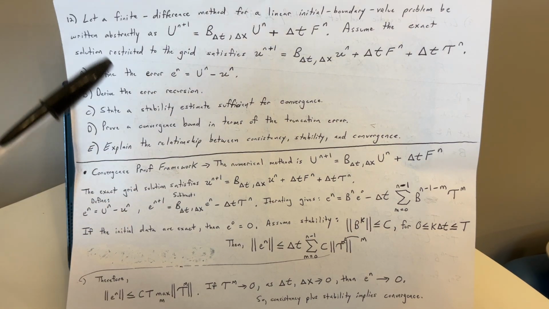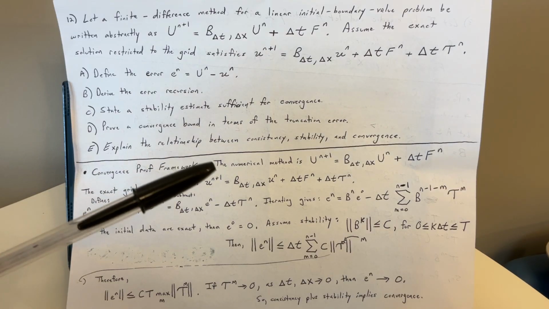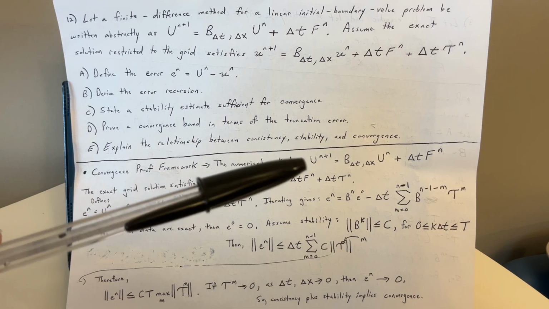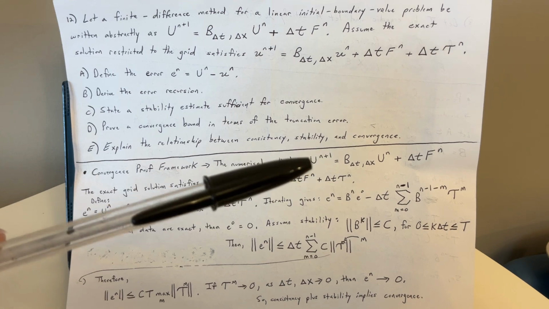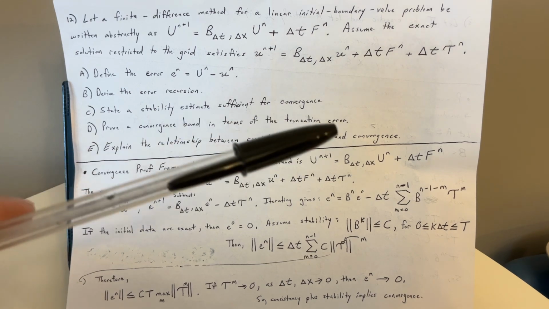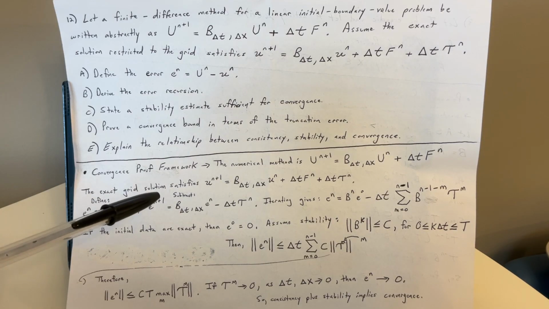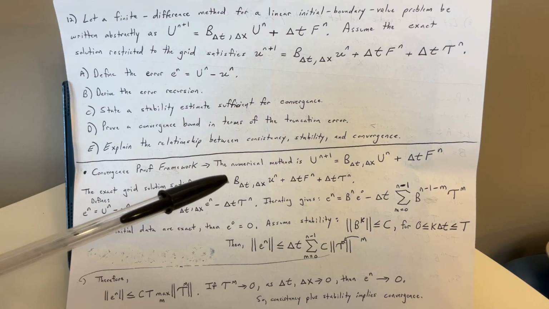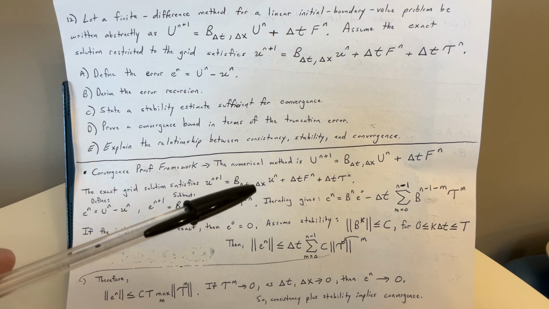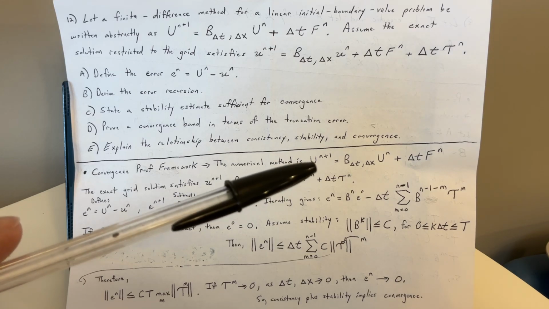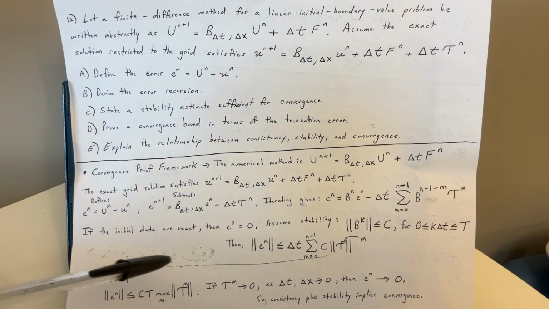So an overview of this convergence proof framework, and this is just an overview. The numerical method is u^{n+1} = B_{Δt,Δx} u^n + Δt f^n. The exact grid solution satisfies U^{n+1} = B_{Δt,Δx} U^n + Δt f^n + Δt τ^n.